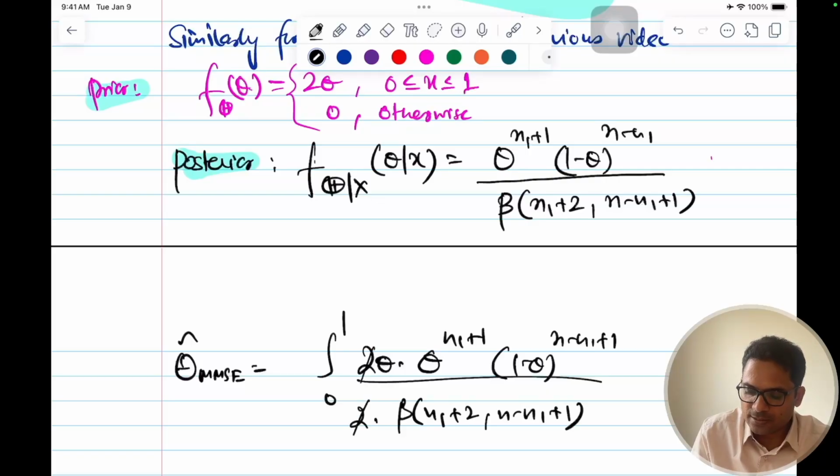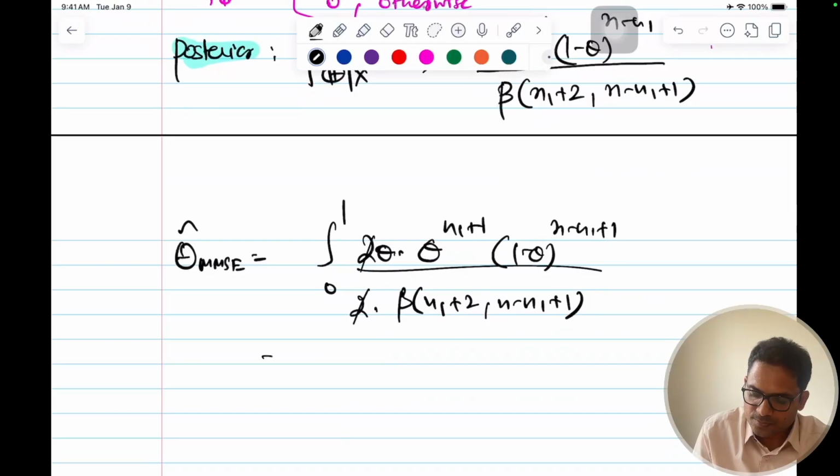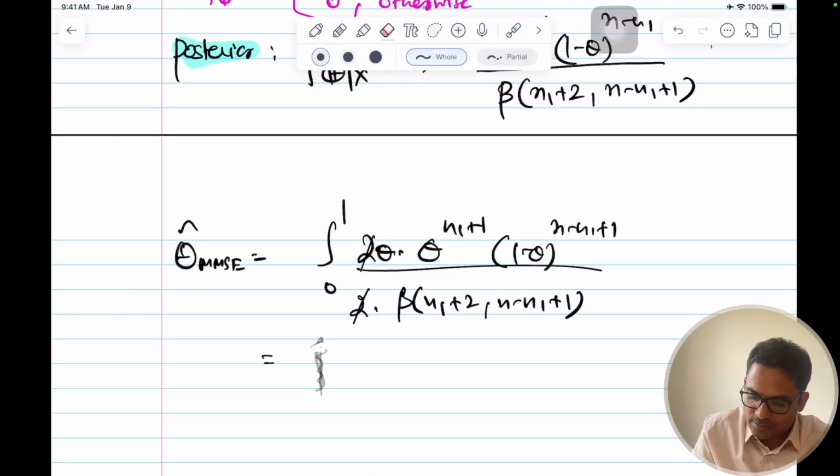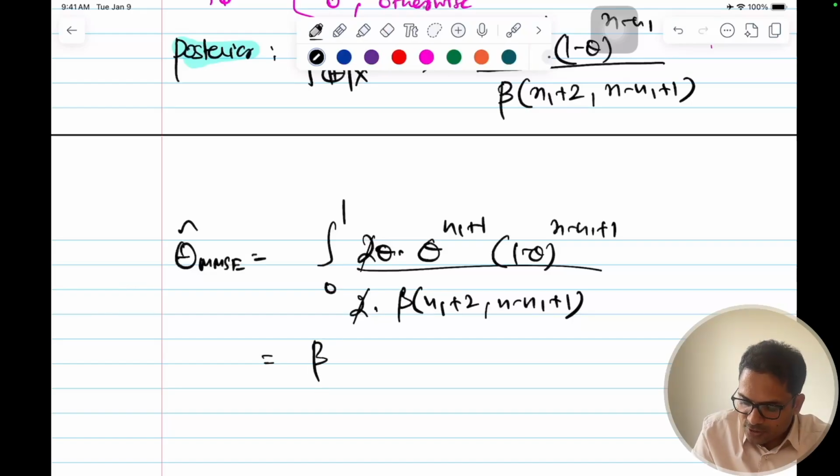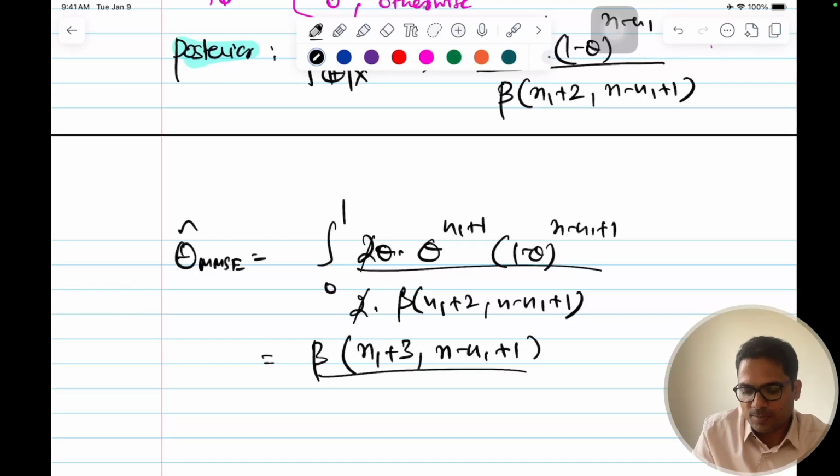This will cancel out, and this theta will increase by 1, because this theta will multiply in both of the places. So just do the maths, this will become a beta function of n1 plus 3, n minus n1 plus 1, divided by beta function of n1 plus 2, n minus n1 plus 1.